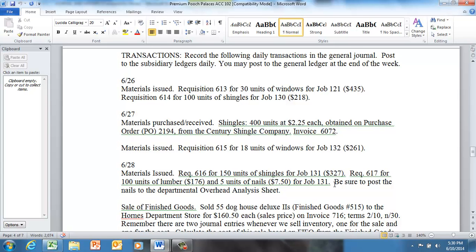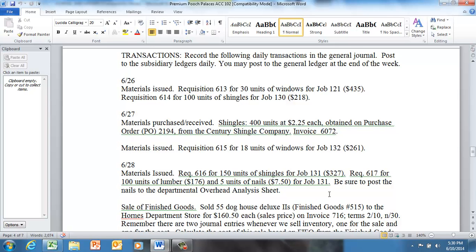The nails is an indirect material, so it goes into overhead. So I would be debiting work in process dash 131 for the $176, and I would be debiting overhead and no job number for $7.50, crediting materials for the whole amount.